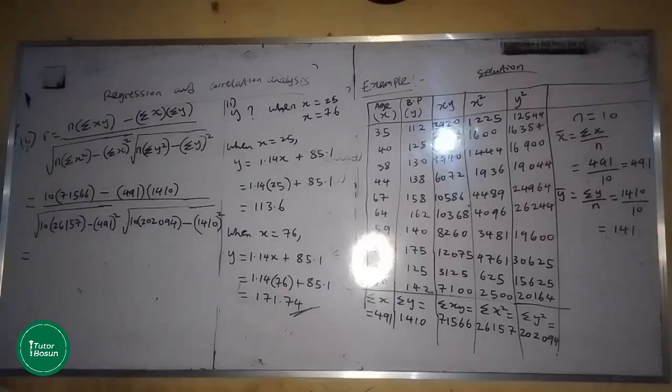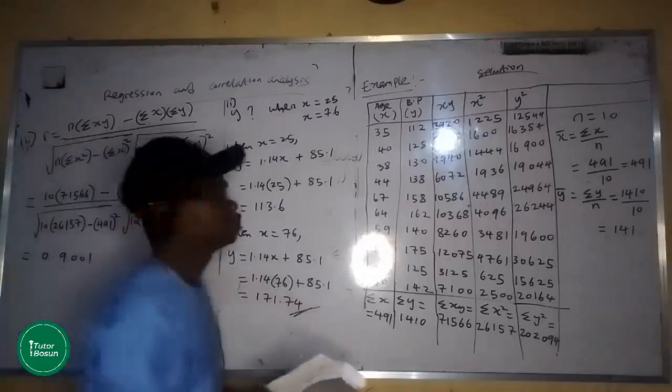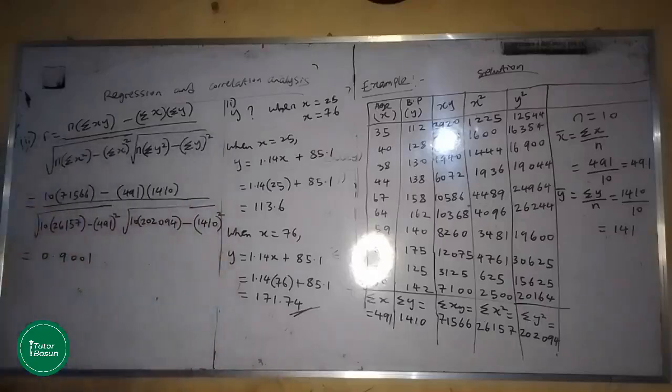That should be giving us 0.9001. So your coefficient of correlation is 0.9001.